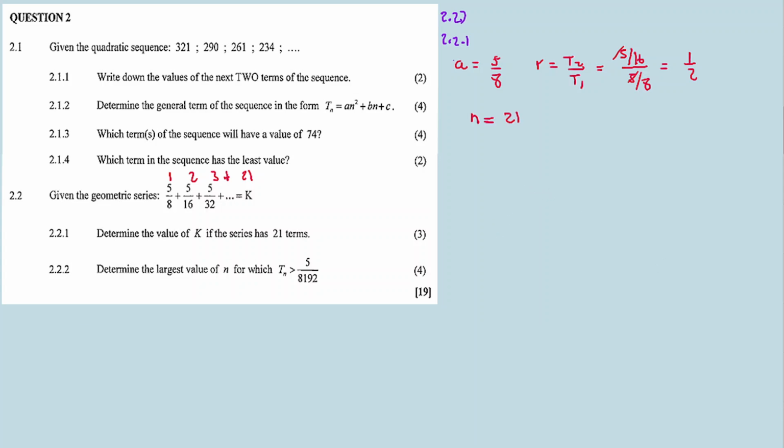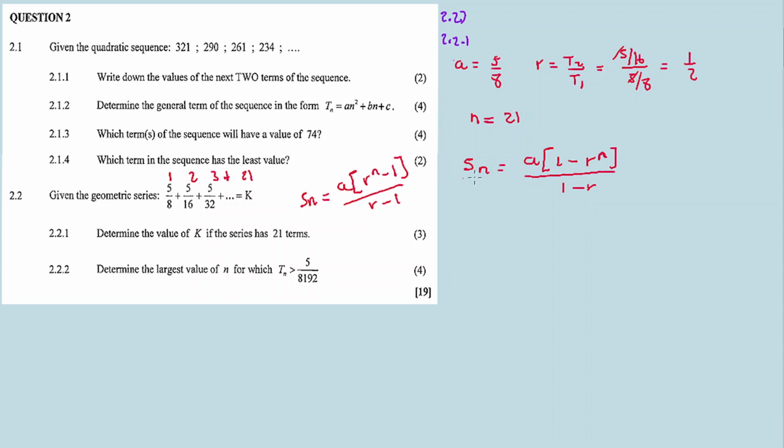because we want the sum for the 21 terms in the series. Now the sum in a geometric series is calculated as a in bracket 1 minus r to the n over 1 minus r. There's also another formula, Sn equal to a r to the n minus 1 over r minus 1.